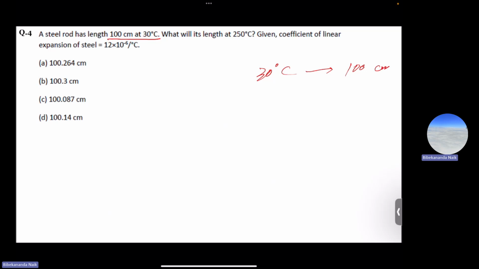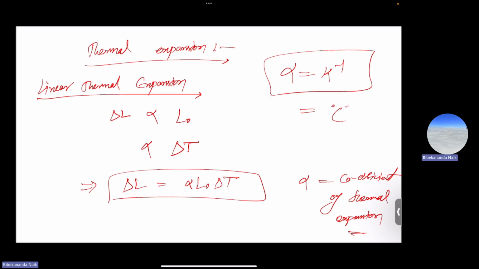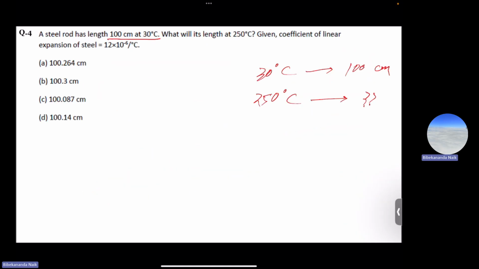What will be its length at 250 degrees Celsius? We need to find the length at 250 degrees Celsius, and given the coefficient of linear expansion of steel is 12 into 10 to the power minus 6 per degree centigrade. It can also be represented as degree Celsius inverse.